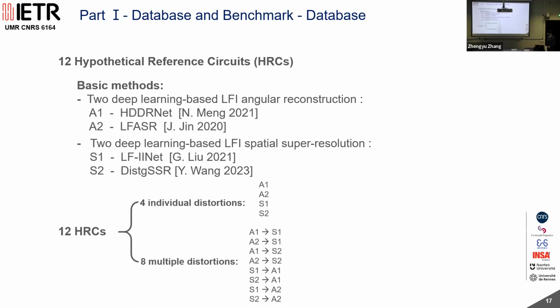Based on these methods, we define 12 HRCs, including 4 individual distortions and 8 multiple distortions. Note that in our database, the order of application of these two different methods in the multiple distortion is also considered. For example, using the A1 method followed by the S1 method and using the S1 method followed by the A1 method are considered as different distortions in our database.